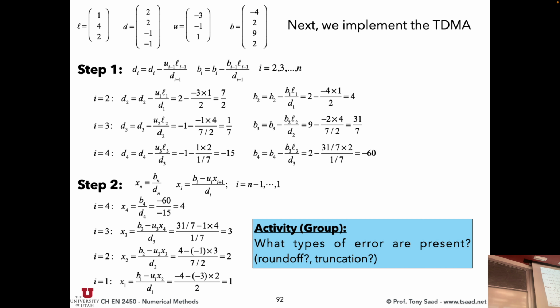If you're using integer arithmetic, there's no round-off. But you have floating points here, right? So 31 over 7, if you make it an integer, it's not going to give you the right answer. It's going to give you an integer answer, but that's worse than round off, right? It's the wrong solution.